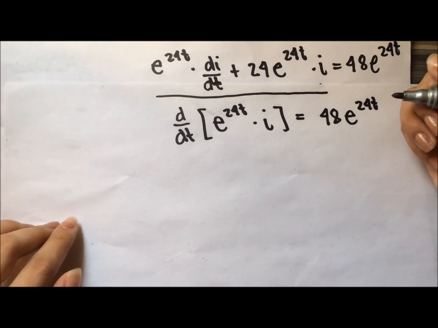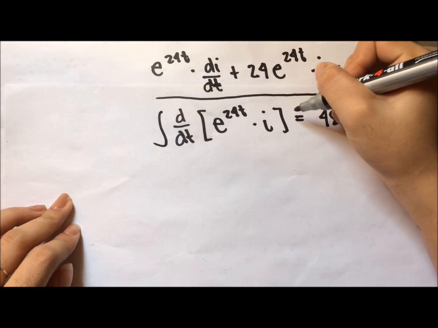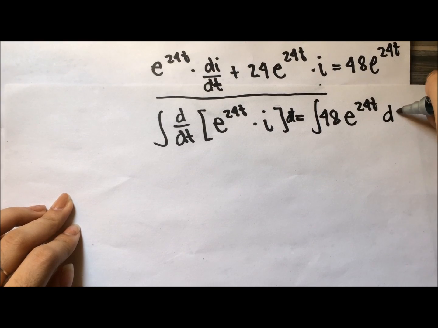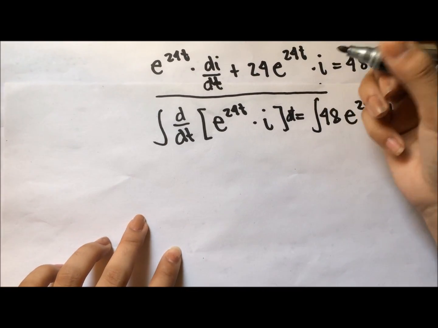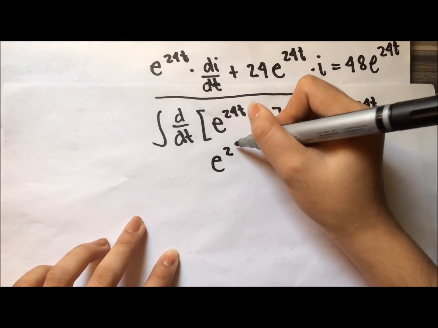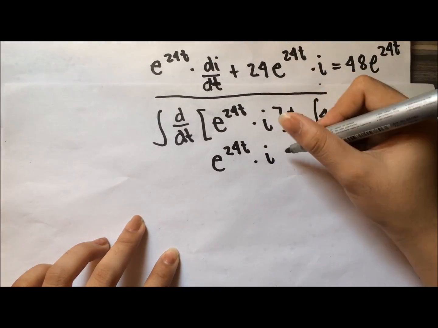Let's integrate both sides with respect to t. The integral of the left side of the equation is just equal to e raised to the power of 24t times i.